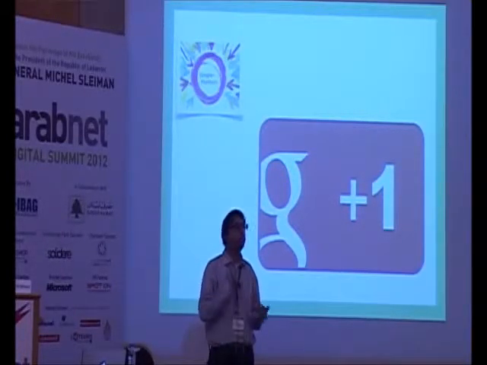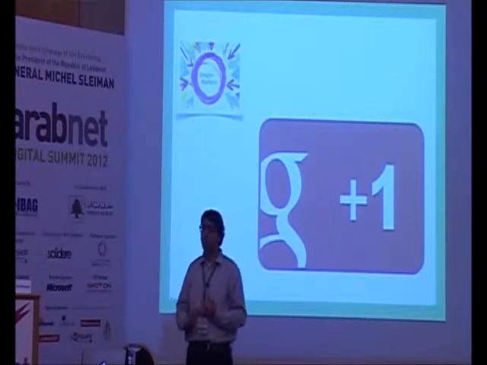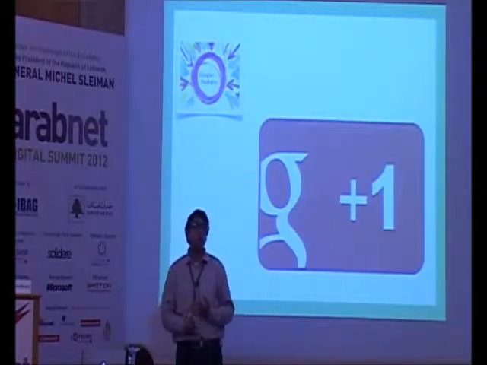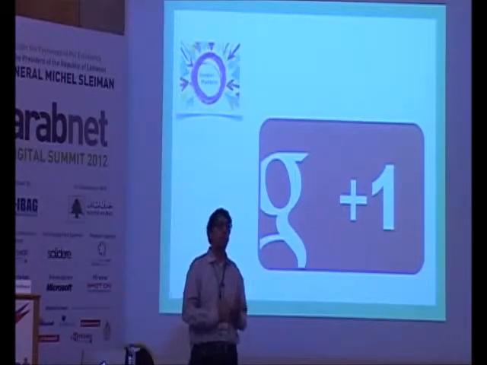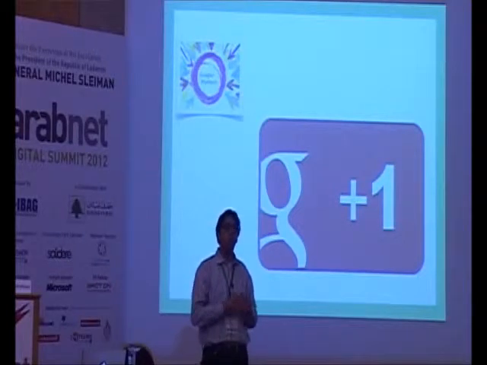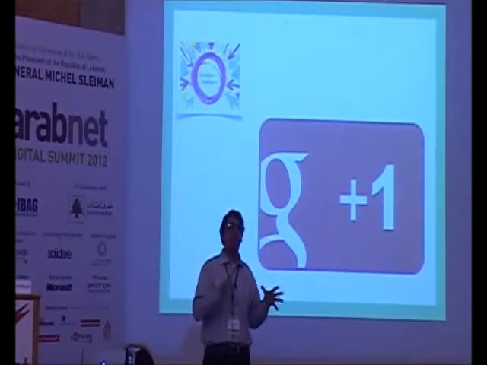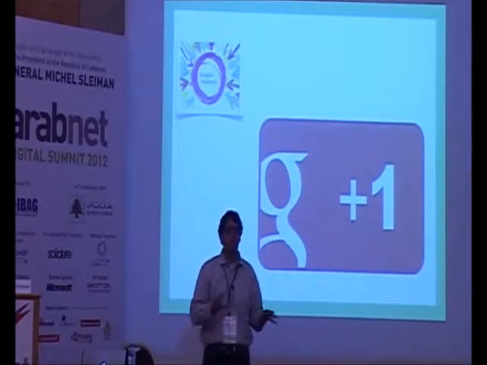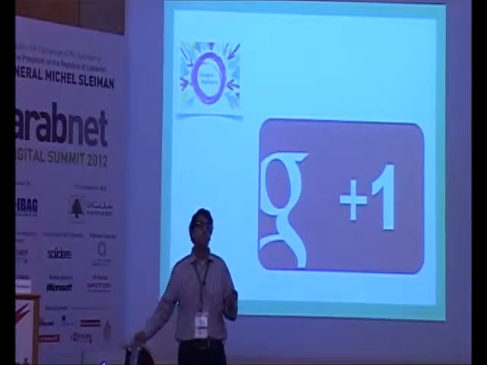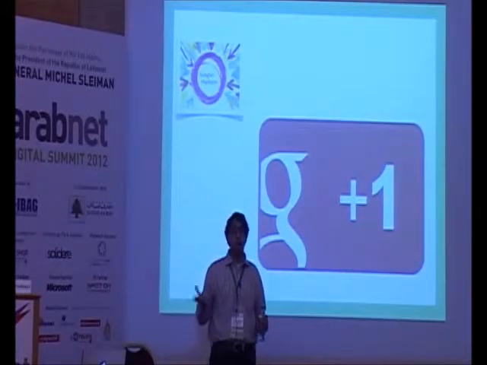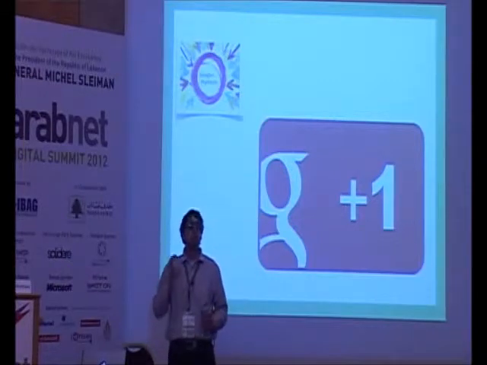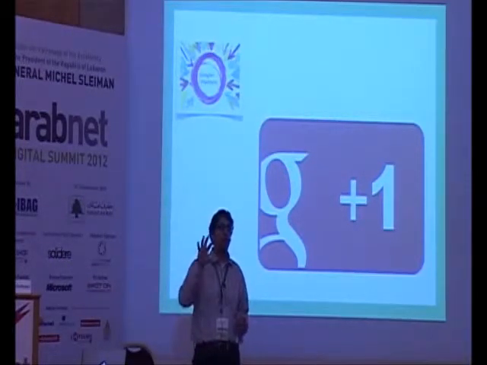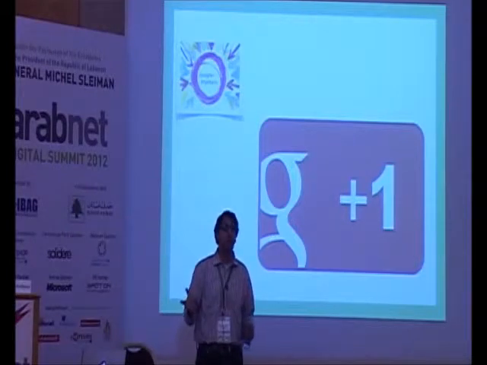Most people research the cameras online, read reviews, look at the pros and cons of different cameras. But at the same time, you want to be able to know what your friends and family think of the cameras. So if Rania right here decided to actually buy a camera and she has Plus One'd a camera that she really likes, then that means a lot to me being friends with Rania, because I can see while researching cameras that Rania really likes the Canon 5D, for example.